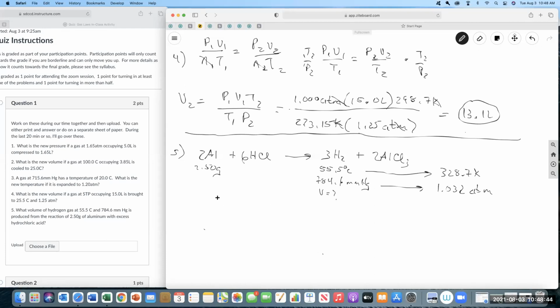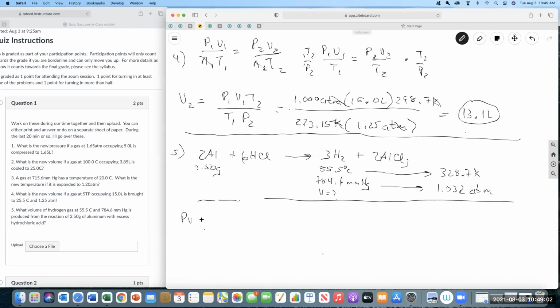Now, what you have here is one set of conditions. Some people can just look at it and know they're going to have to convert to moles and all that. That's great. But if you're not sure, you can always do the backwards thinking thing.